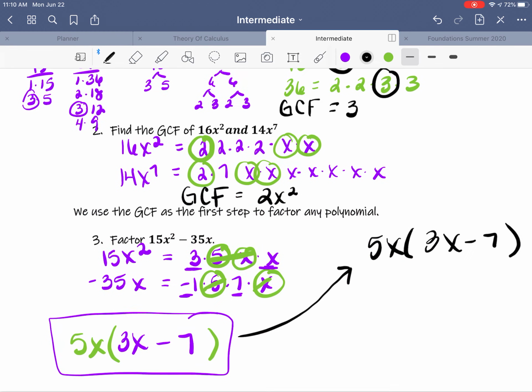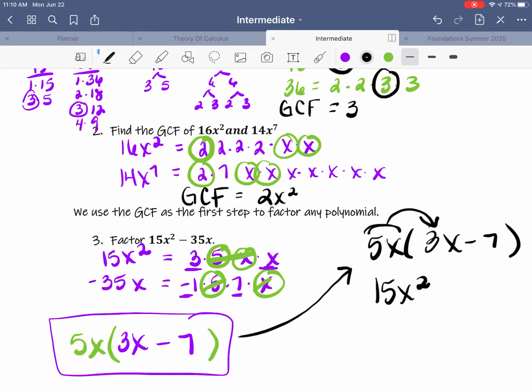So, whoops, took you on a little ride. Let's take this 5x and multiply it by 3x. And 5x multiplied by negative 7. Does this equal my original binomial? Yes, it does.